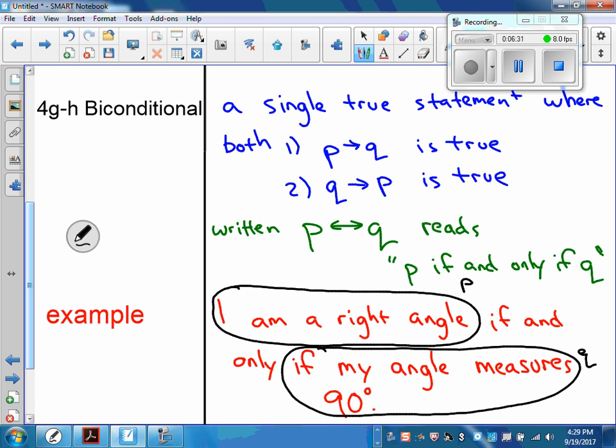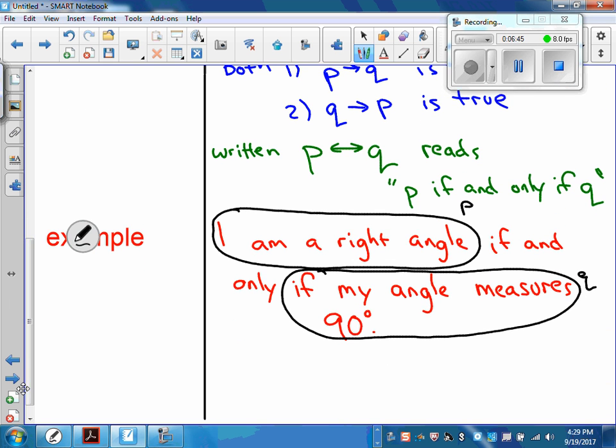And if my angle measures 90 degrees, then I'm a right angle would also be true. So both of the two things that we said are true would have to be true for the biconditional to be true here. In the end, using our symbols, in this case, I do have a true biconditional.